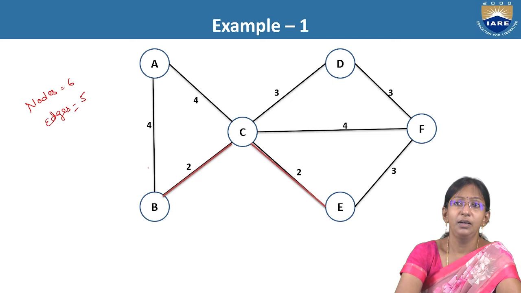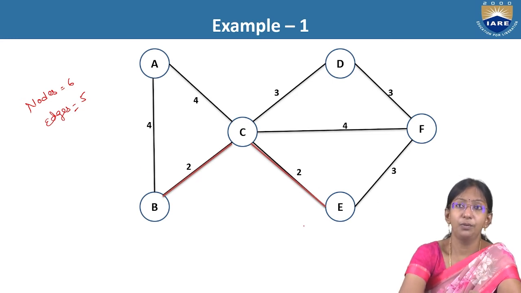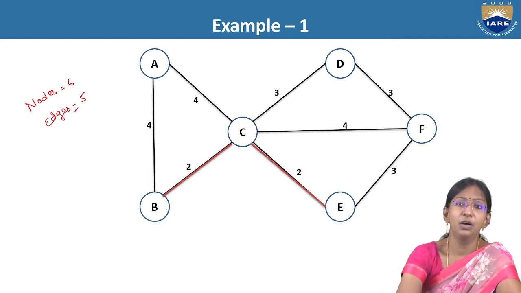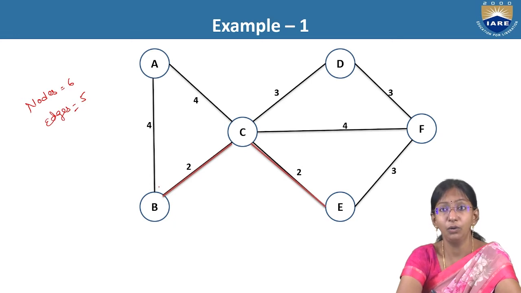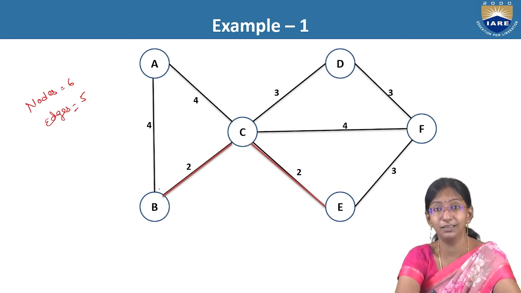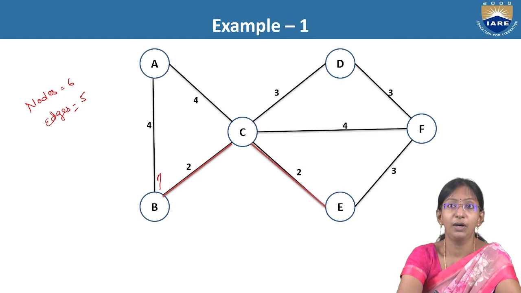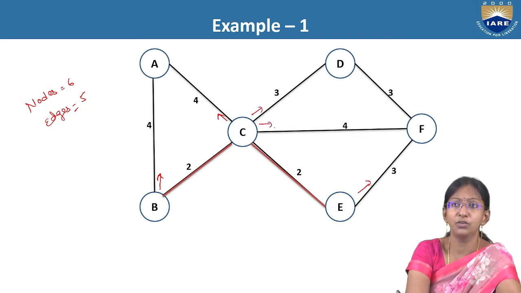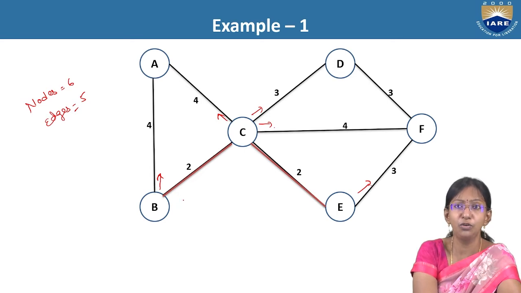Next. Now E has come to the party. Now B, C and E are the included ones. What are the edges which are not included in the spanning tree but connected to these nodes? One is going from B, from C, these are the edges, and from E, these are the edges. What are the weights in your hands? 4, 4, 3, 4, 3.